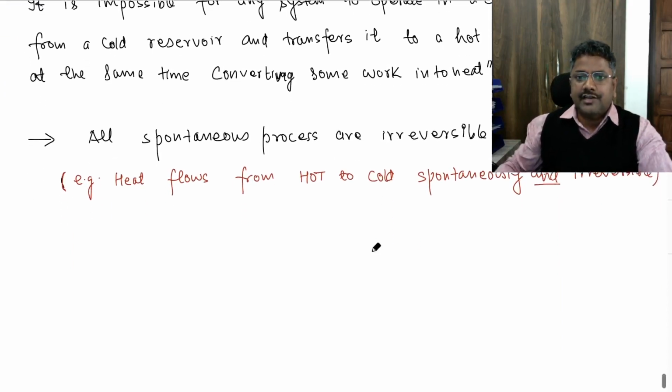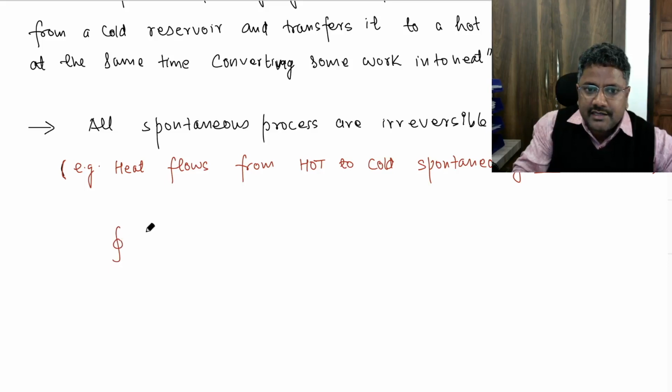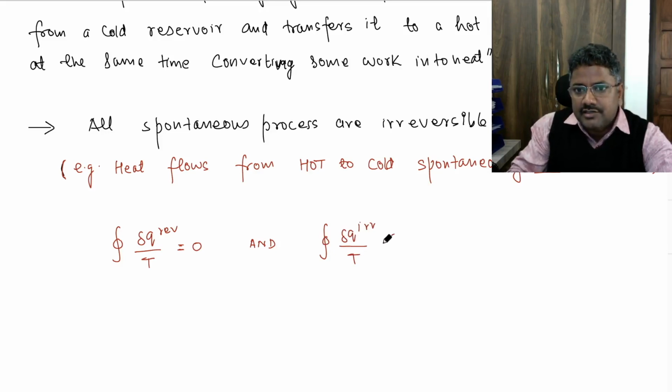Now the mathematical statement, what we can write here. The second law mathematical statement, and we will try to justify this statement in the coming points: for a cyclic process, the integral of delta q reversible by T is equal to 0, and for a cyclic process, delta q irreversible by T is less than 0.